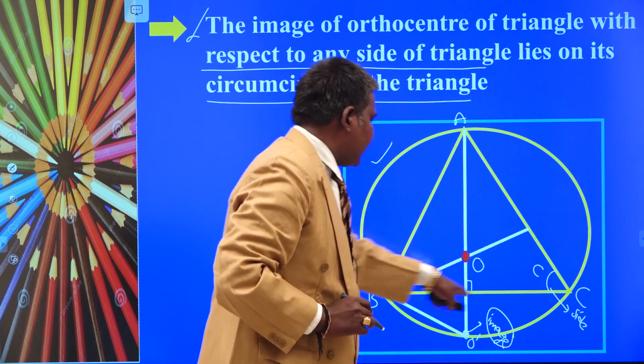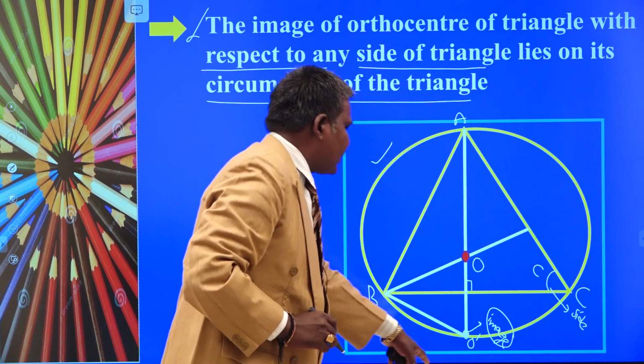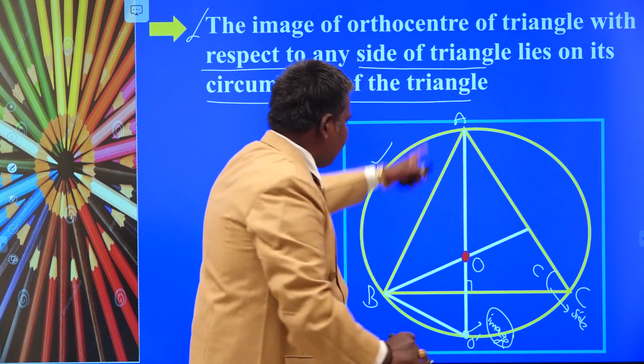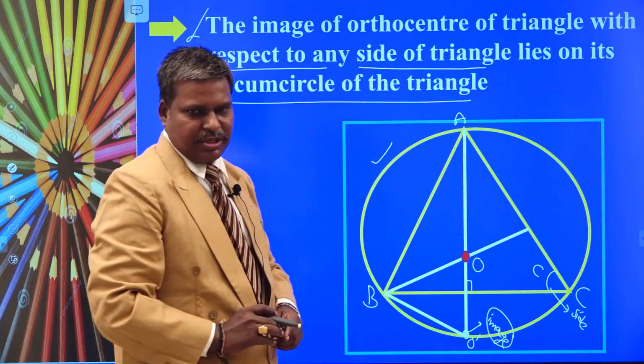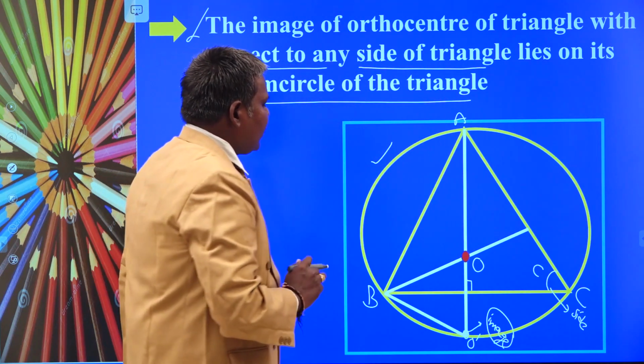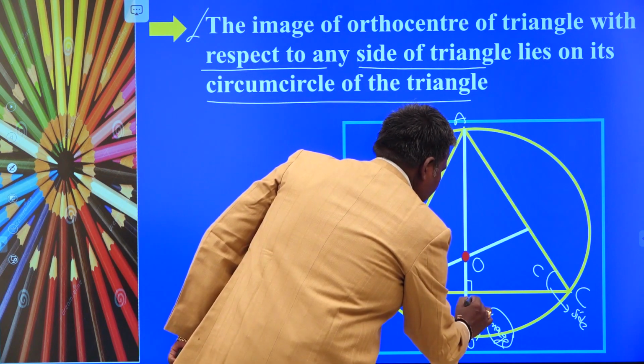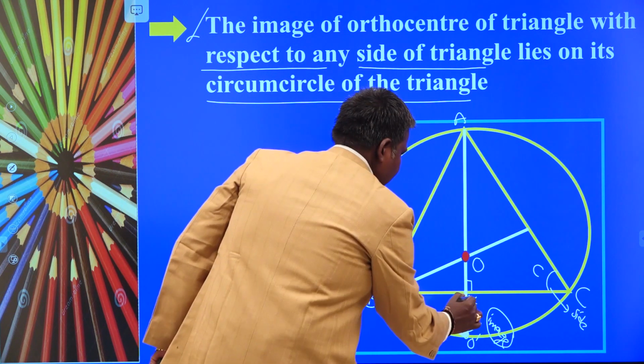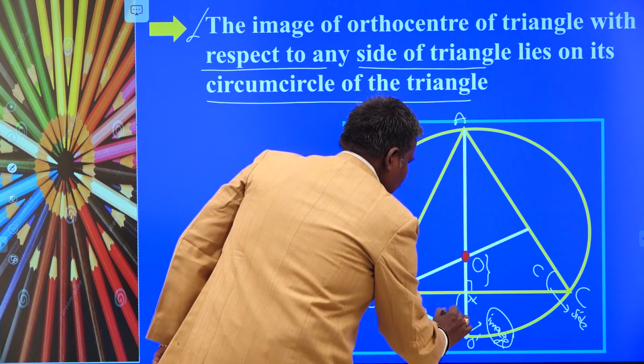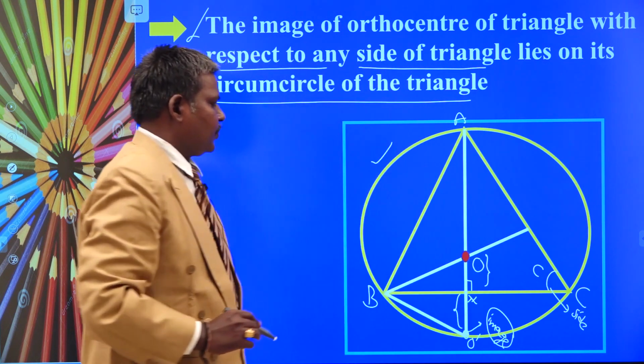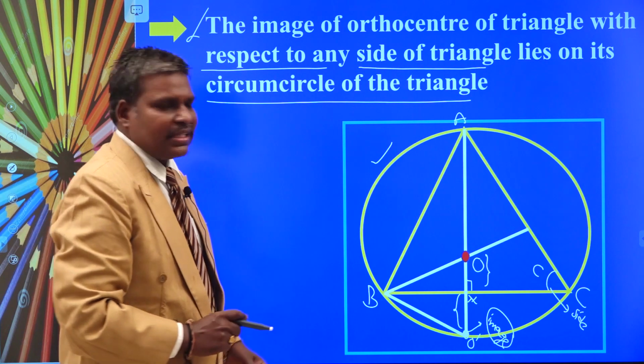Clearly one thing is already satisfied, because by the definition of the altitude itself, BC is perpendicular to AO dash. Right? What we need to show, suppose this is X, is that these two lengths are equal. We have to show that these two lengths are equal.